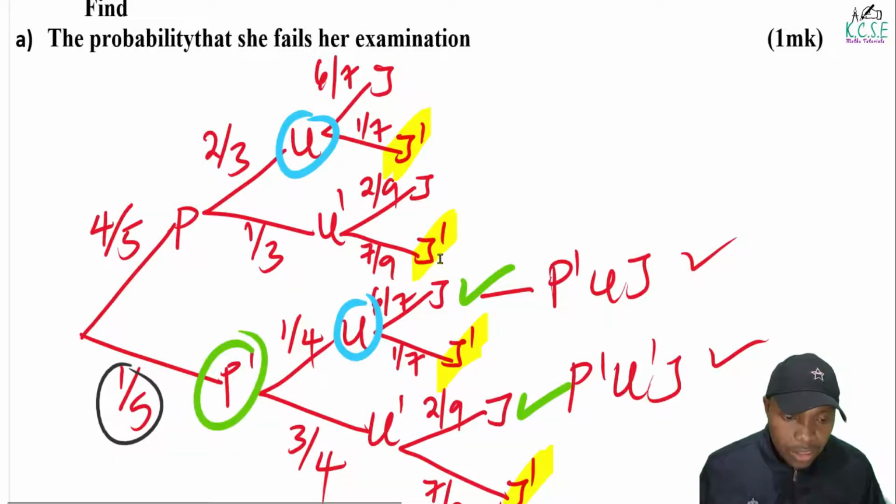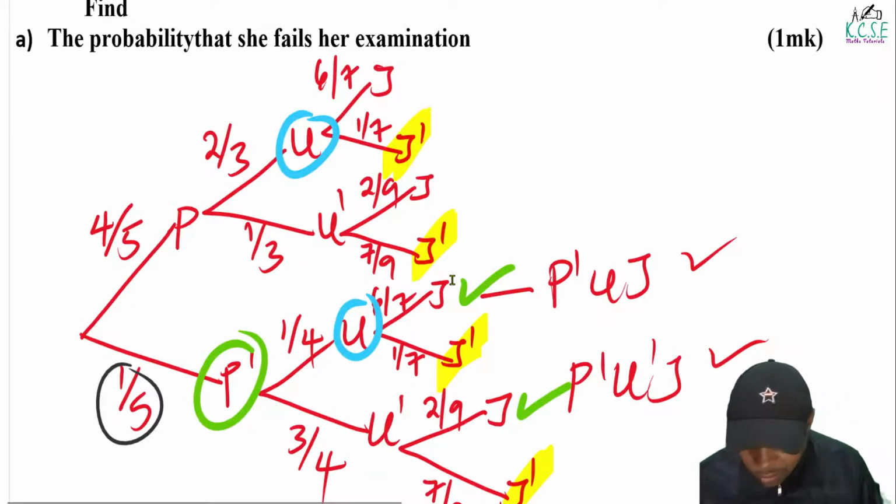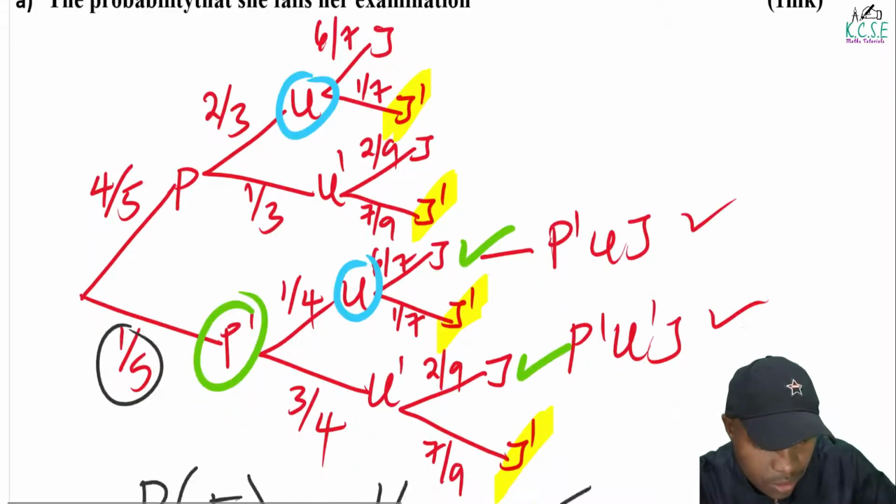The next one is this: passing the secondary school examination, not joining the university, and not getting a job. So 4 over 5 times a third times 7 over 9. So that is the other instance.